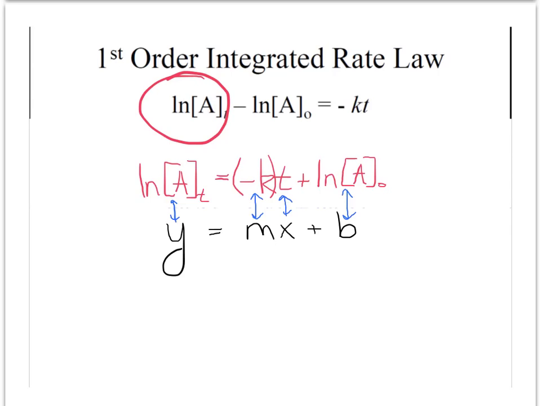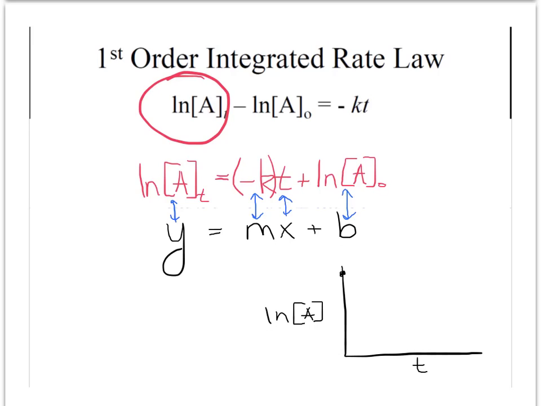Here's how this would work in a laboratory. So you'd make a graph, and we would take the concentration of A, the natural log of it, and then plot it against time. And so the chemist, a scientist, would do 3 or 4 or 5 different experiments. And so they would take a concentration, and they would take a reaction, and they'll always start with the same amount.